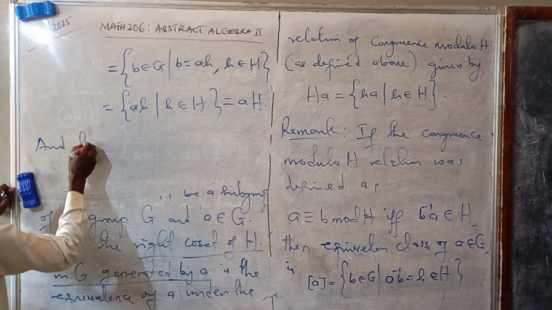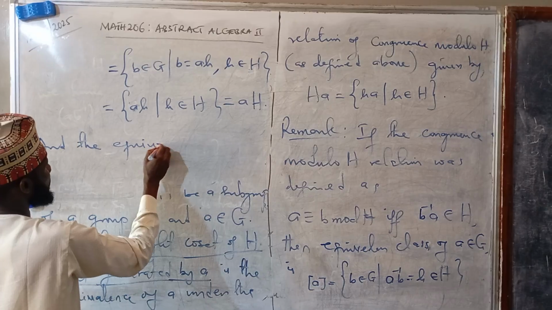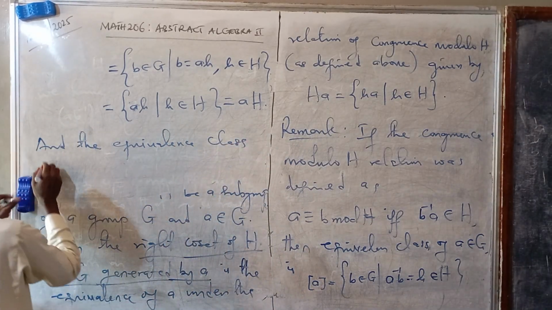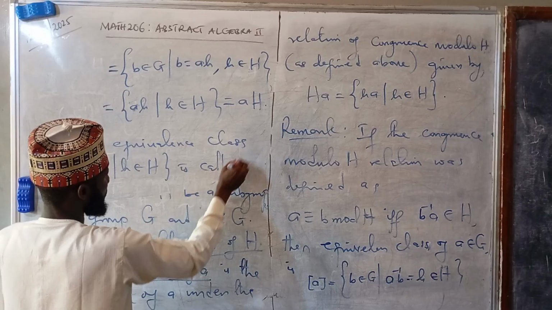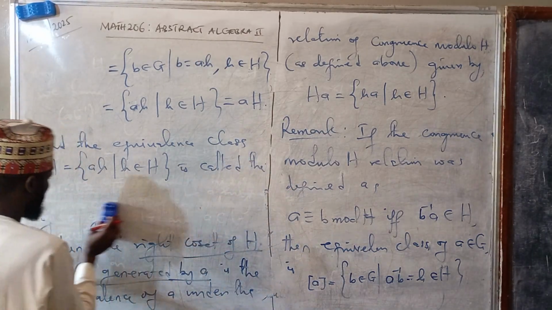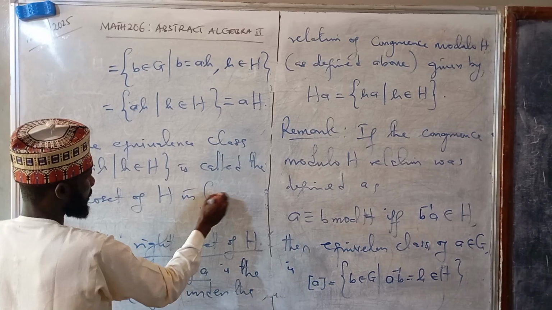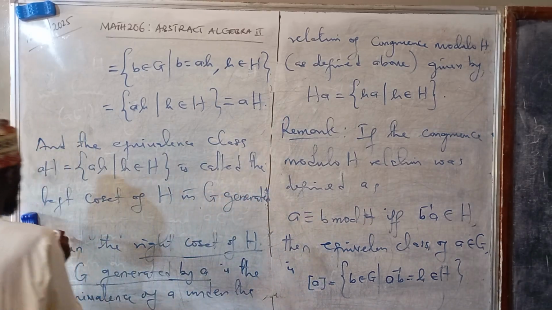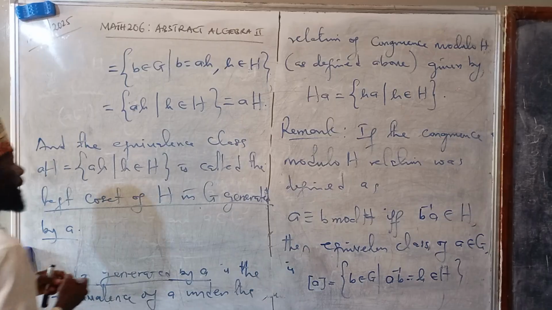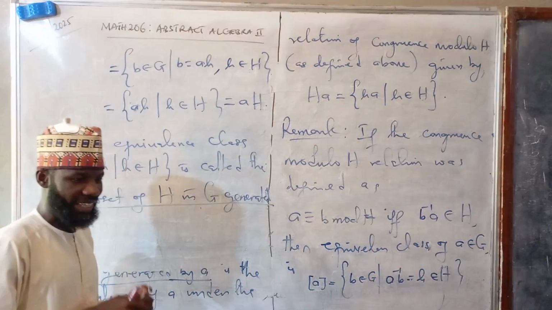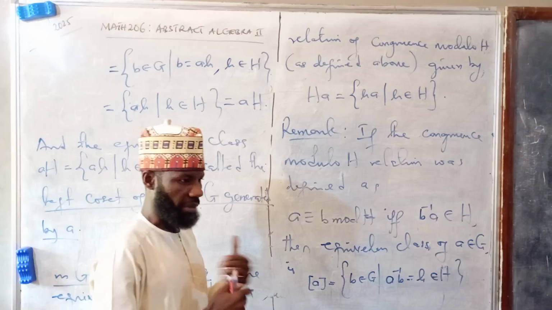And in this case, the equivalence class Ah, which is the set of all Ah such that h is in H, is called the left coset of H in G generated by the element A. And a left coset may not necessarily be the same as the right coset, because the group may not necessarily be an abelian group.